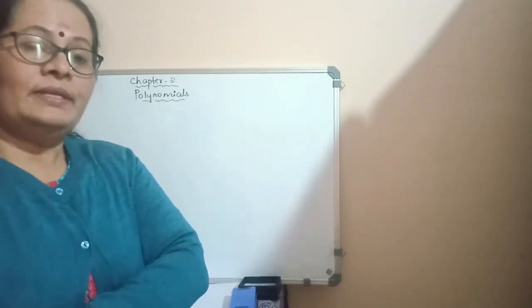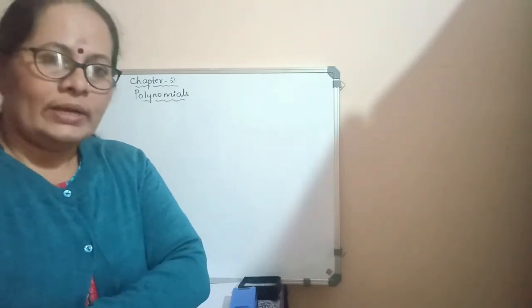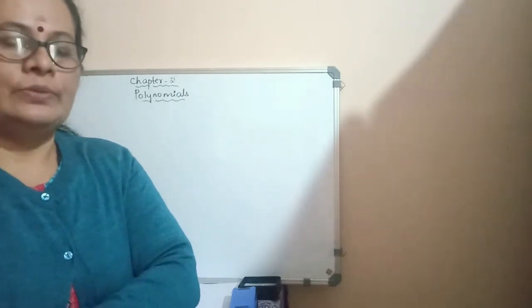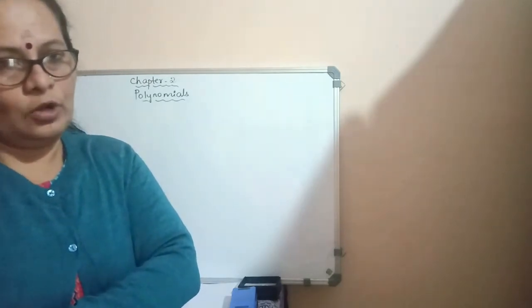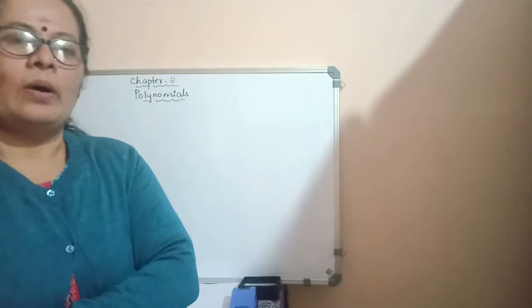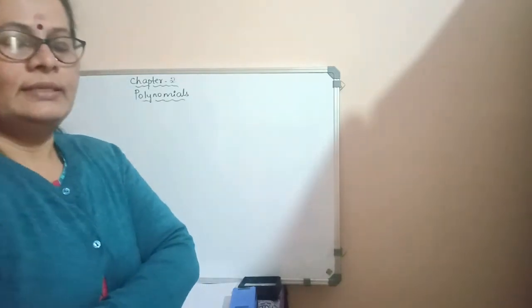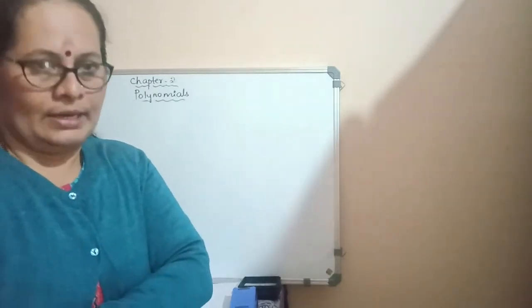Here, the sum of the zeros equals minus b by a and the product of the zeros equals c by a. So, using the sum and product, we can frame a quadratic polynomial and even find the zeros of the polynomial. Today we are going to discuss the relation between zeros and coefficients of a cubic polynomial.